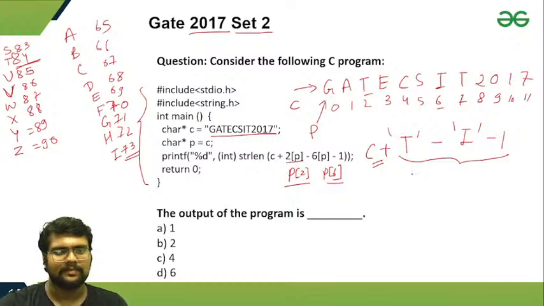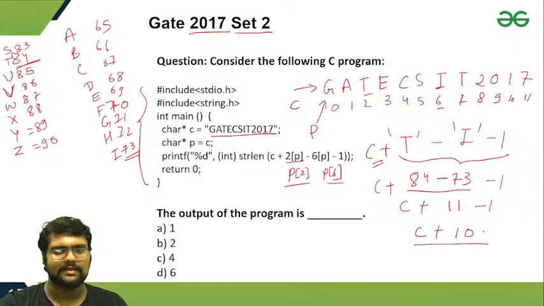So it will be 84 minus 73, which is 11. When we subtract 1 from it, it will be 10. So it will be C plus 10, and C plus 10 is this.